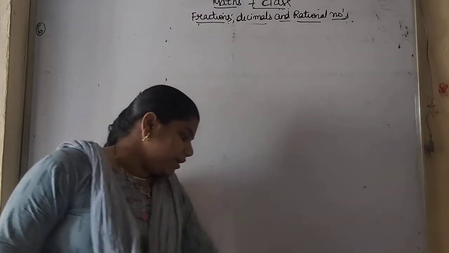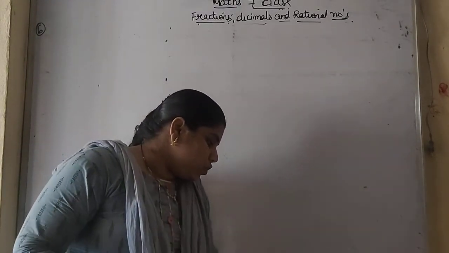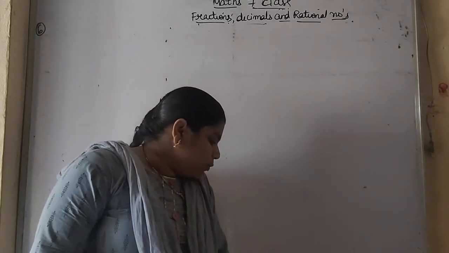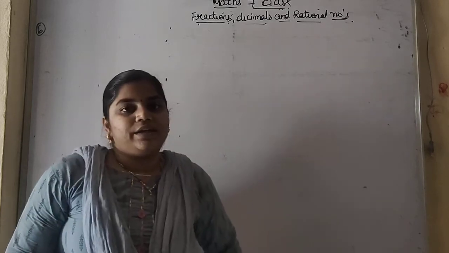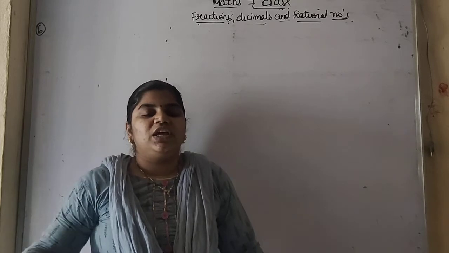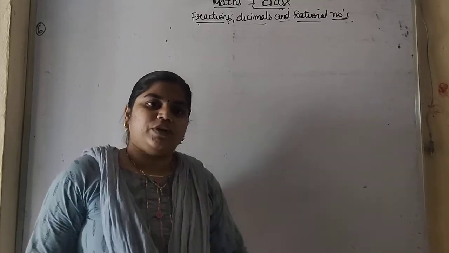He has completed 5/12 part of his course content. So what do we have to find? Find how much course content is left. So already he has completed 5/12 part. So still how much part he has to complete, we have to find.